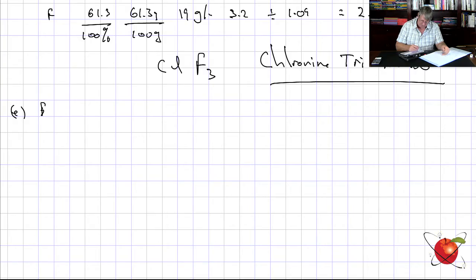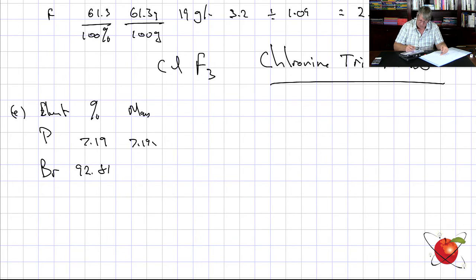The elements are phosphorus and bromine, right? So let's have a look. Percentage: 7.19. Over here, 92.81. Make them a mass: 7.19 grams, 92.81 grams. Okay? Now let's have a look. Aha. Mm, 31 and 80. Right?